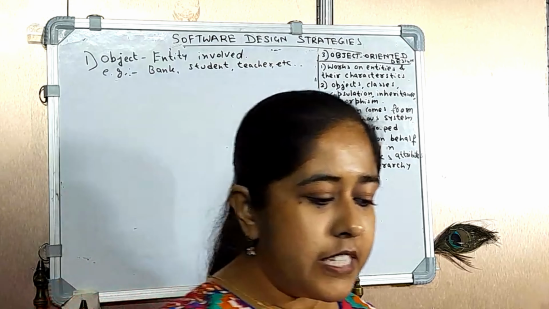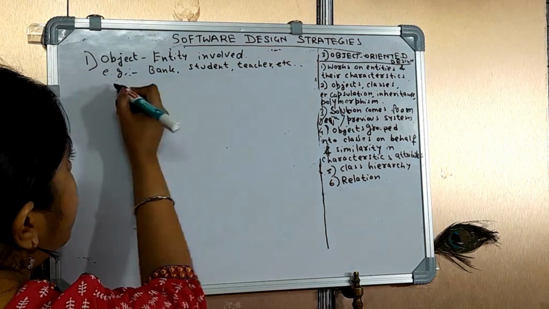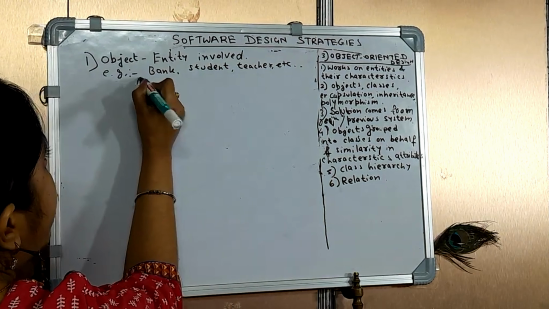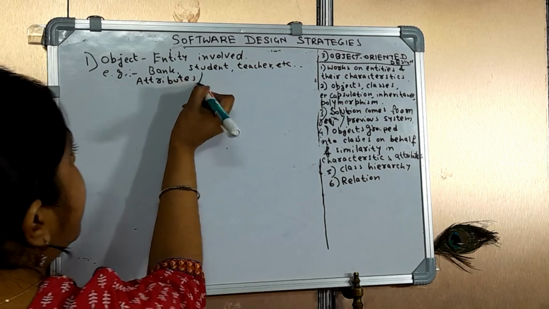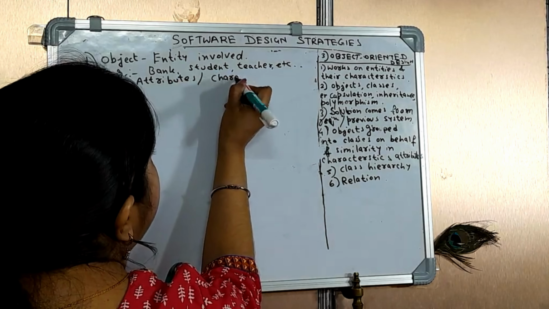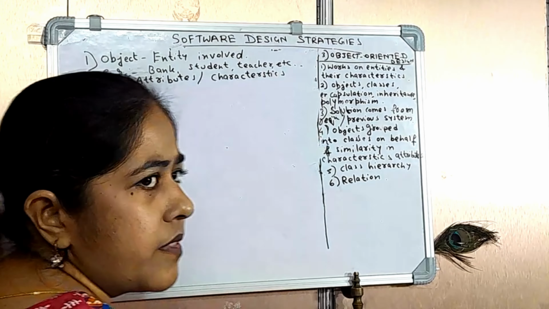These entities will obviously have some attributes, that is their characteristics or maybe some qualities.